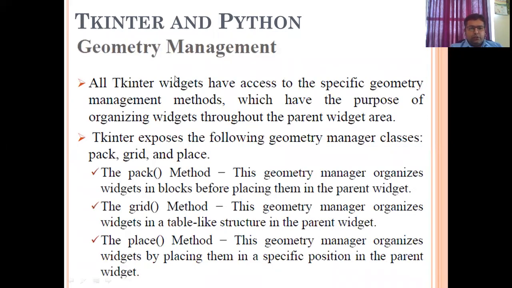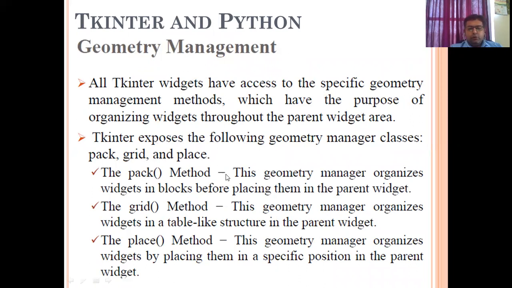Now the next is geometry management. So all Tkinter widgets have access to specific geometry management methods which have the purpose of organizing widgets in the parent widget area. Tkinter exposes the following geometry manager classes: pack, grid, and place. These are the three different classes provided by geometry management.